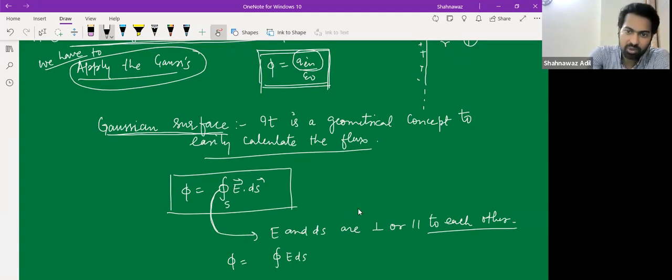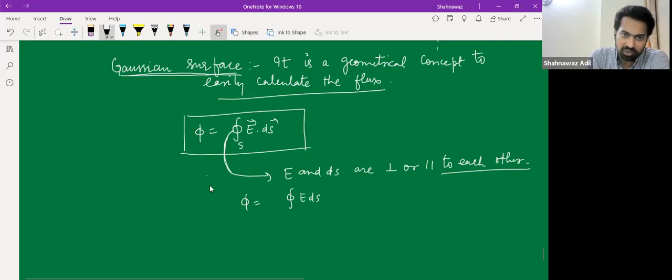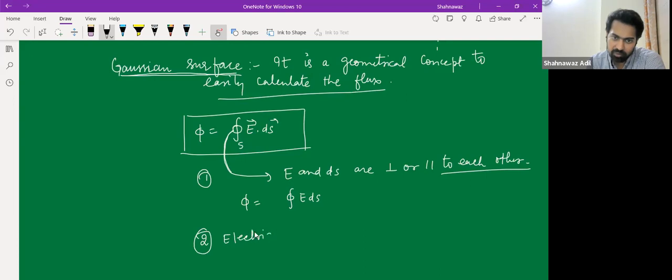So this is the first rule for applying the Gaussian surface. Understood, guys? Yes, sir. And the second point is that this electric field is uniform or constant. Right. So we can take this E outside of this integral, and we have to only integrate this ds.